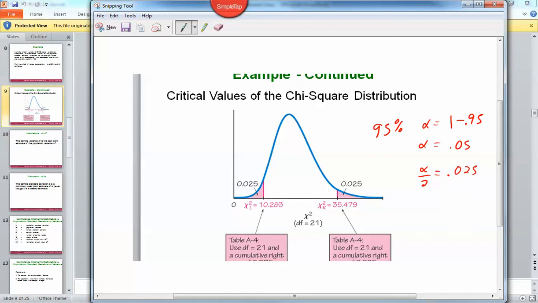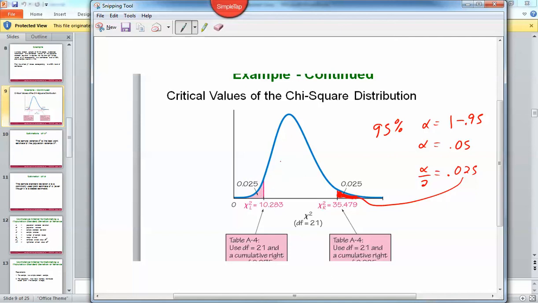Now, to find the critical value, I want this area right here to the right to be 0.025. So that's how I'm going to find my right chi-square critical value. The left one, I'm going to have to look up the area to the right of this.